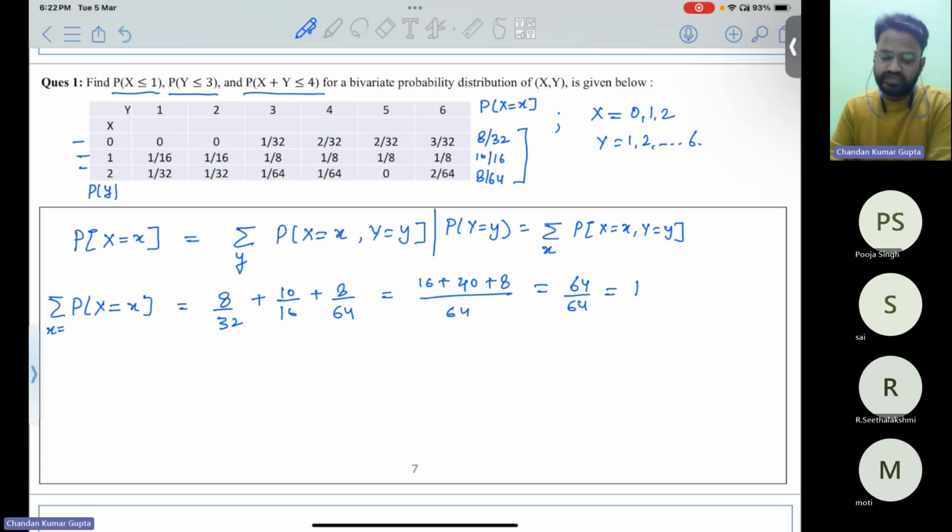We can calculate 1 by 16 plus 1 by 32, which is 3 by 32. This one is also 3 by 32.